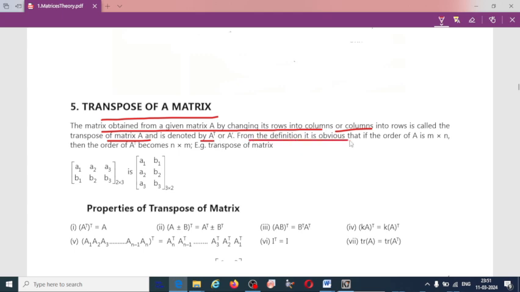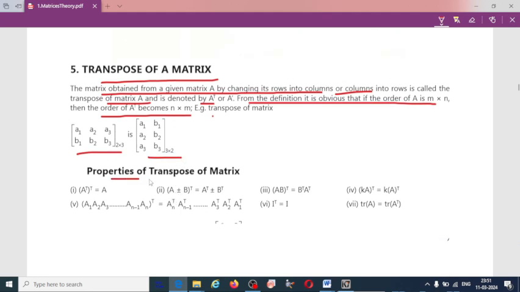From the definition, it is obvious that if the order of A is m cross n, then the order of A transpose becomes n cross m. That is, rows and columns are interchanged. Here is a 2 cross 3 matrix; if we write its transpose, it is 3 cross 2.